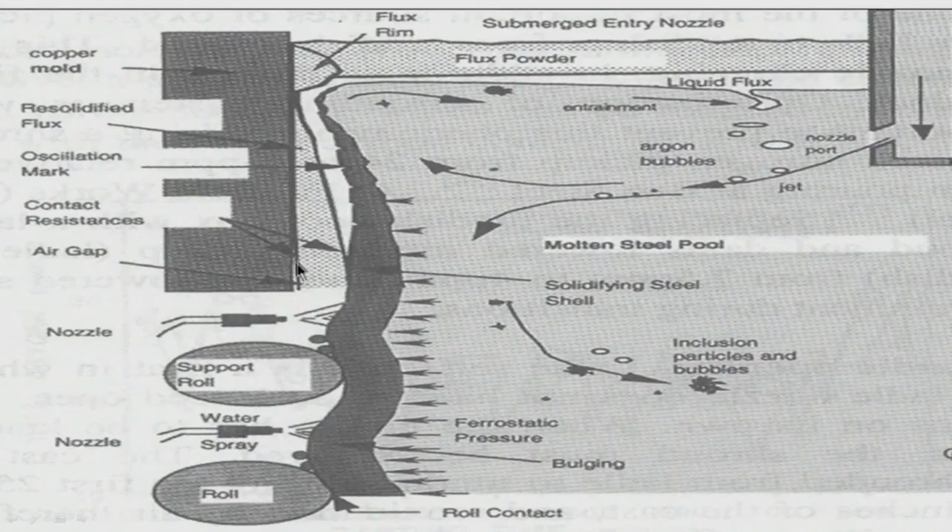So, what happens because of the shrinkage, there is a possibility of formation of an air gap here, because whenever a solid shell is forming from the liquid steel, solidification causes shrinkage. There is a volume change, so there will be a shrinkage.